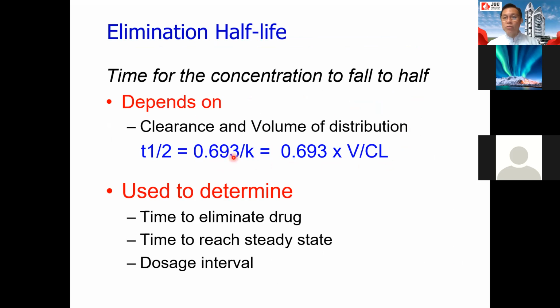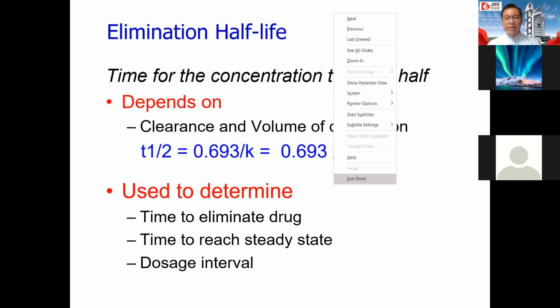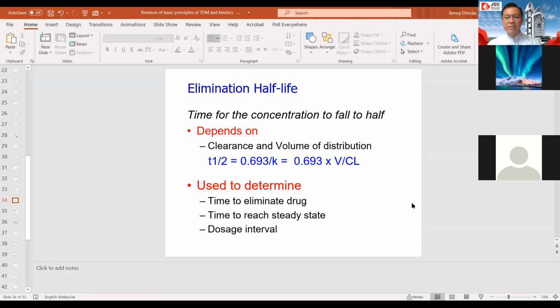0.693 comes from ln 2. If you allow me to write it, I can show a proof for you.